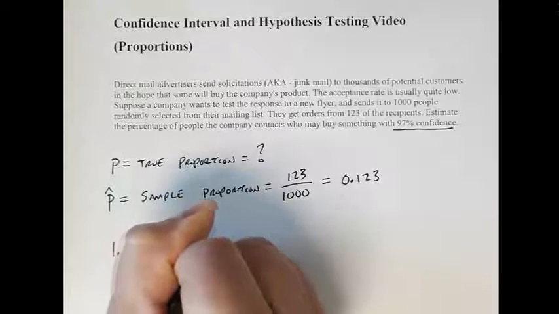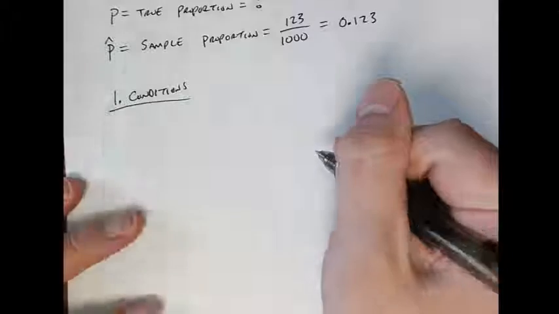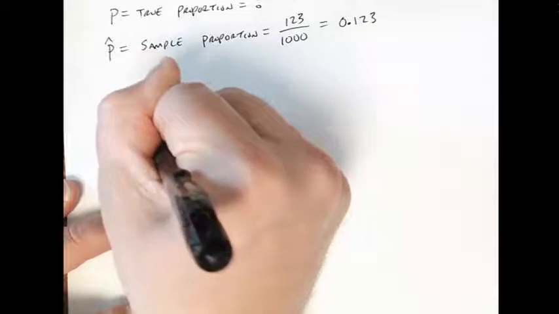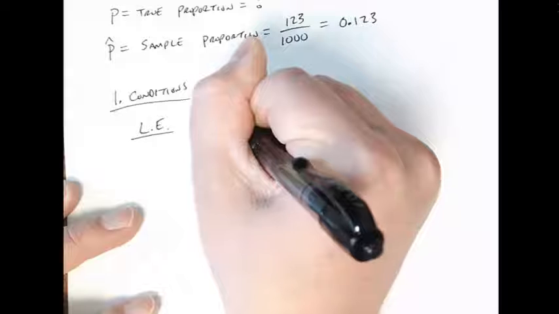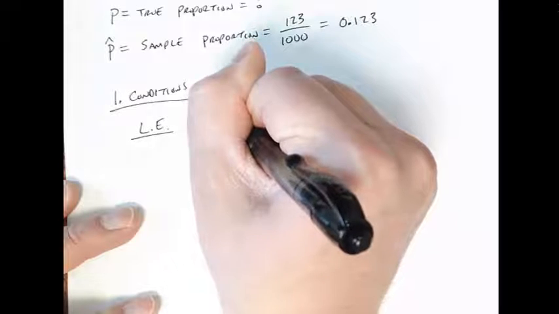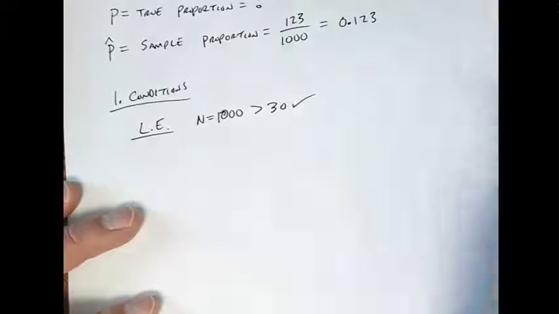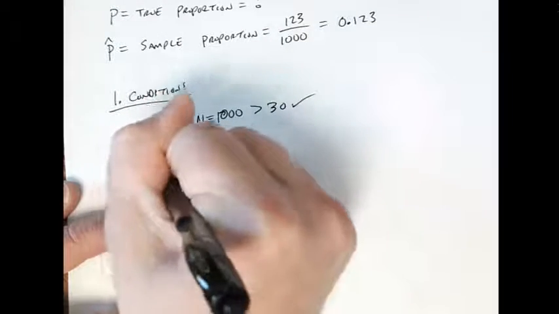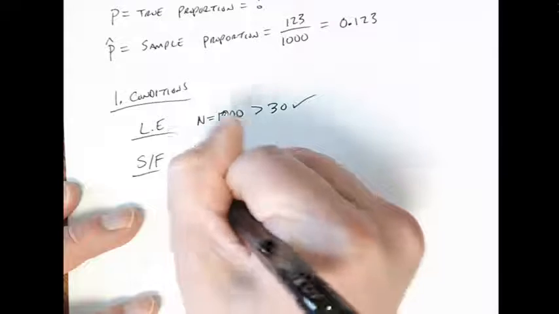So there's a three-step process to confidence intervals. Step one is conditions, and these conditions should be very, very similar to what we've already seen. Large enough condition, n equals 1,000, which is greater than 30, so that one's met. Then success failure condition. Now it's n P hat, n Q hat.